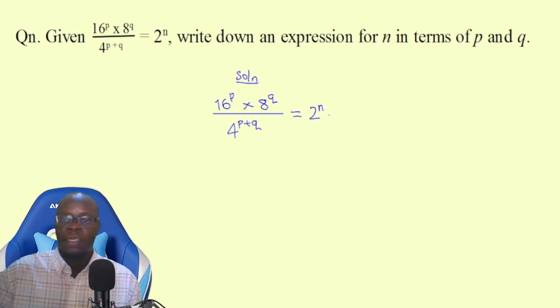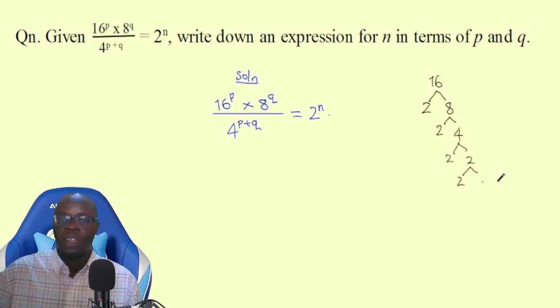Now let's pick the largest number here, and you can see that our largest number is 16. We can write 16 in exponent form by using this factor tree. 16 divided by 2 goes 8, then 8 divided by 2 goes 4, 4 divided by 2 is 2, and 2 divided by 2 is 1.